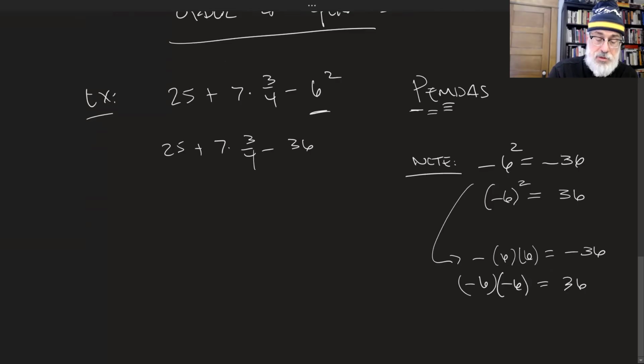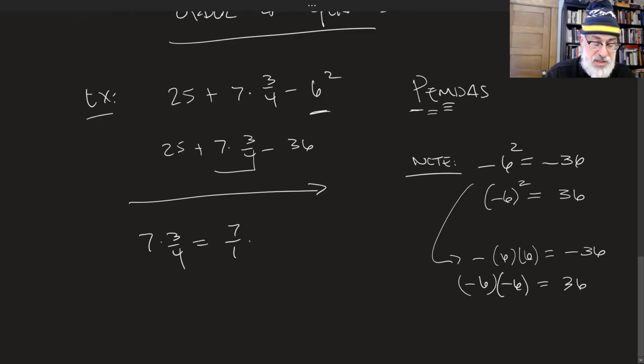Now we look at the multiplication, and we do the multiplication and division left to right. So whatever comes first, moving left to right. So the first thing we see is we have 7 times 3/4. So we can think of this as 7 over 1 times 3 over 4. We multiply the top, and then we multiply the bottom.